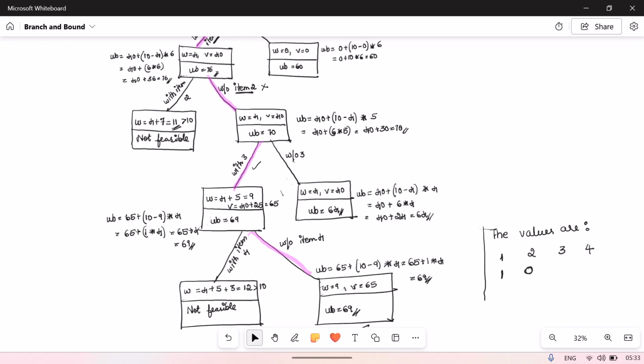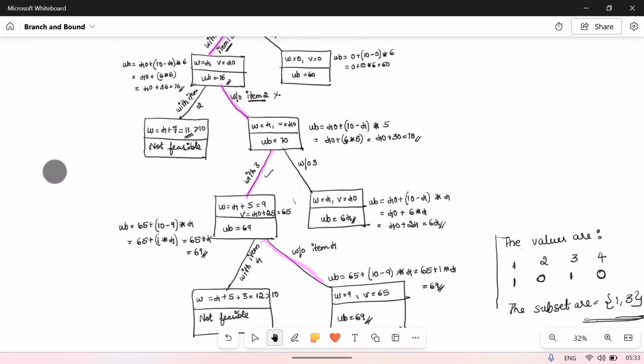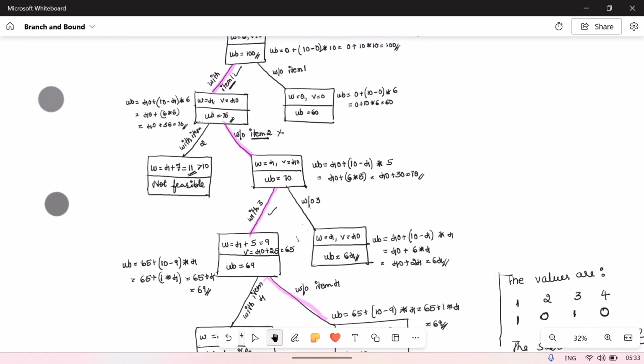Item 3 is chosen. So, this becomes 1. Item 4 is not chosen. So, this becomes 0. And the subset is the one element that are chosen. Okay. So, the subsets are item 1 and item 3. This will give you the highest profit if you choose item 1 and item 3 into the knapsack.